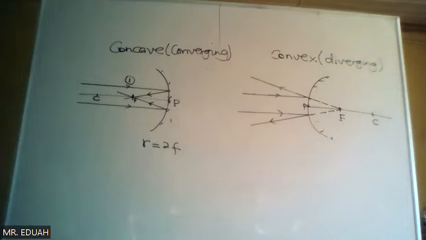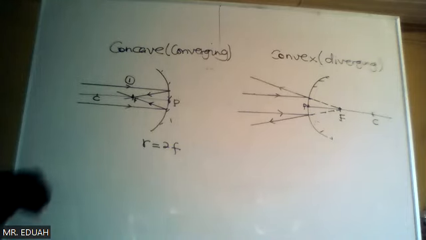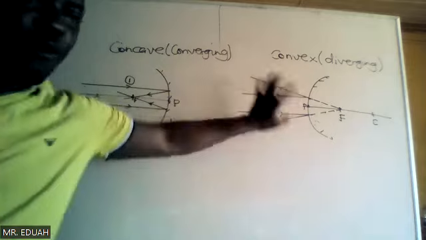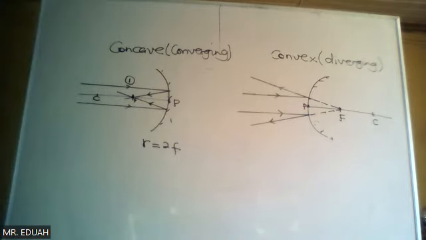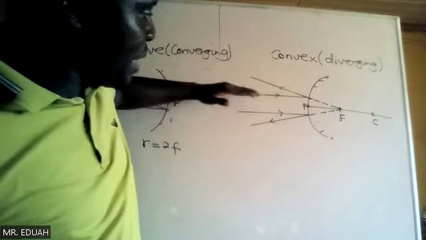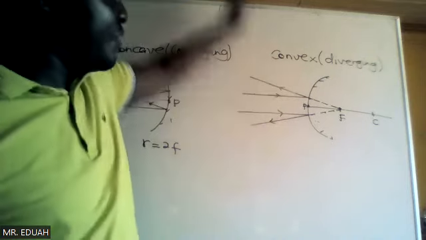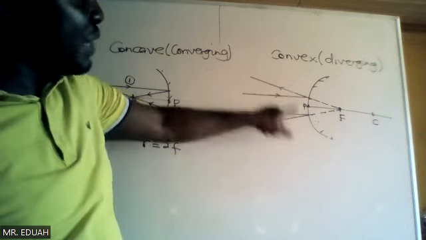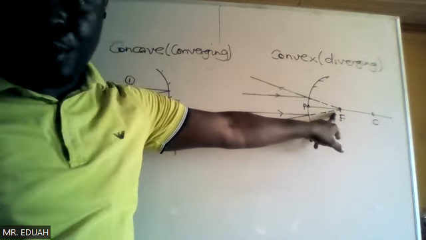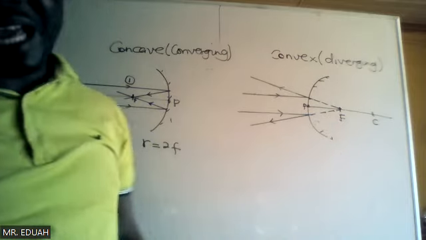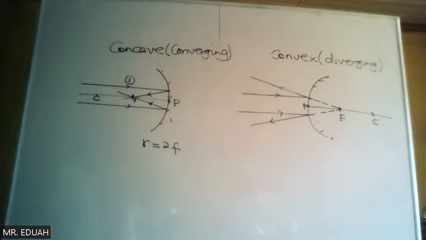So this is how the first rule works out for convex. When a parallel ray hits it, it will diverge it. But the diverted ray appears to be diverted from a point behind the mirror. And that is the principal focus.